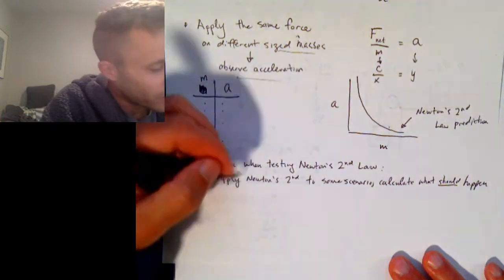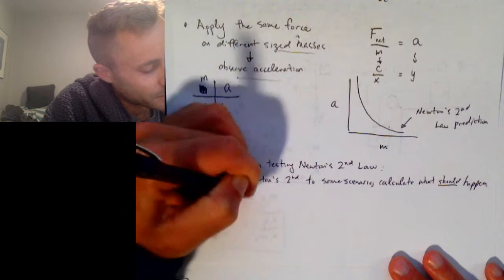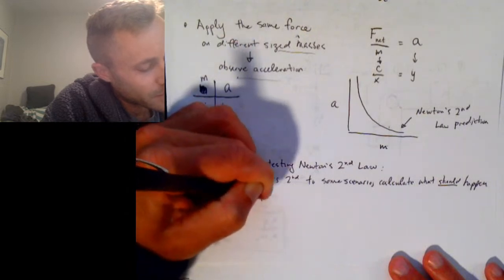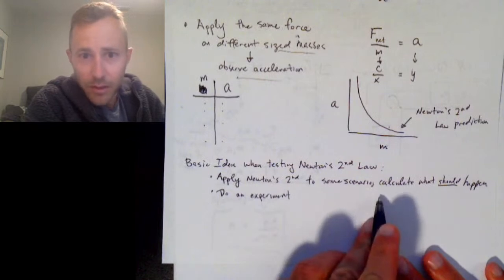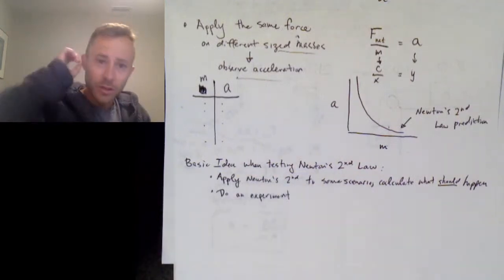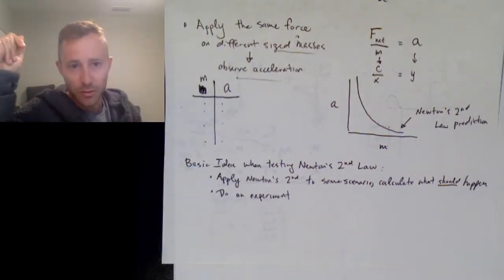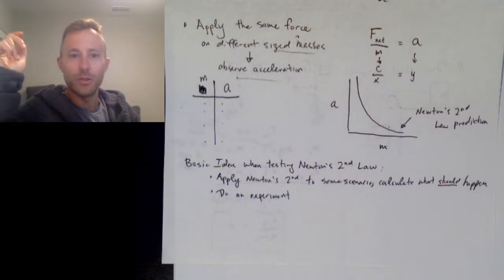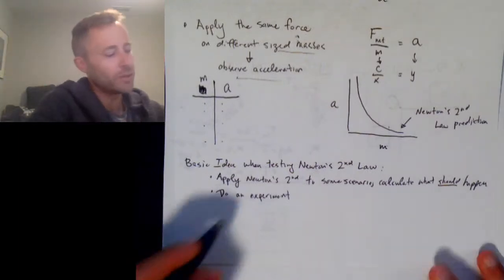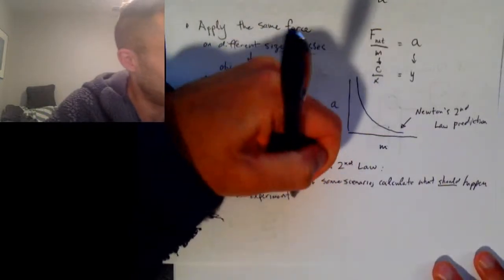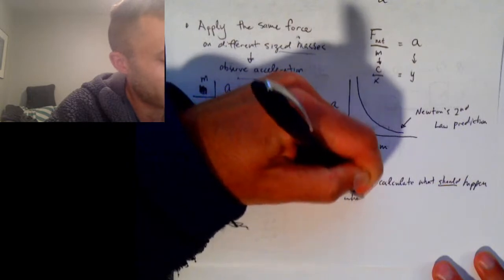Then you are going to do an experiment with that same scenario. Okay? So you can think of a scenario in your imagination and you can apply Newton's second law to it. But then when you do an experiment, you realize that in the physical world, you measure what actually happens.